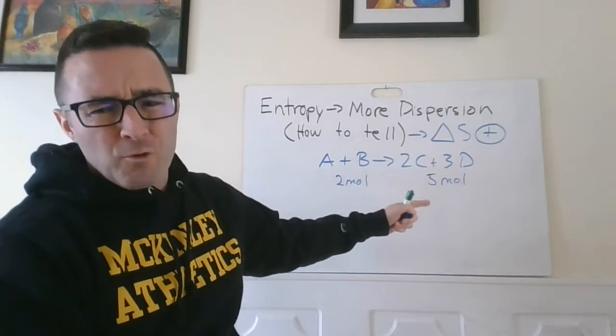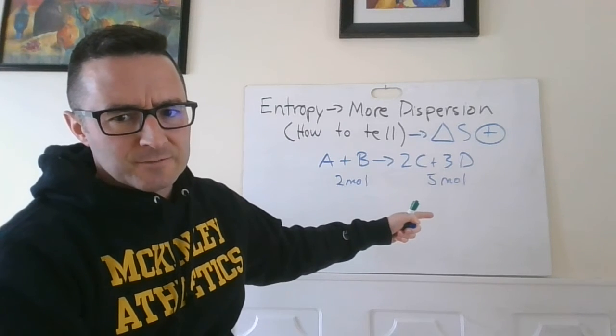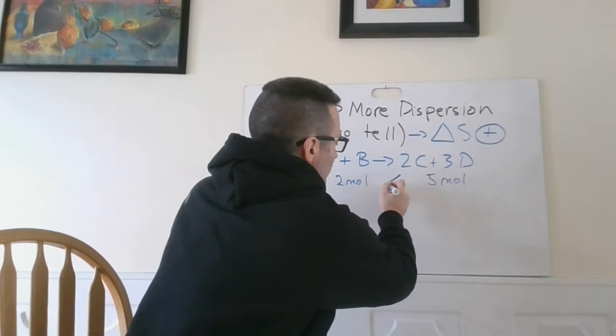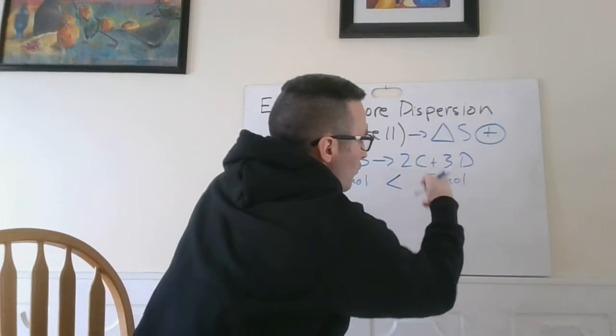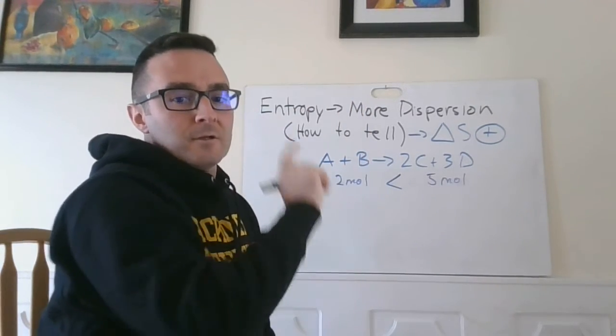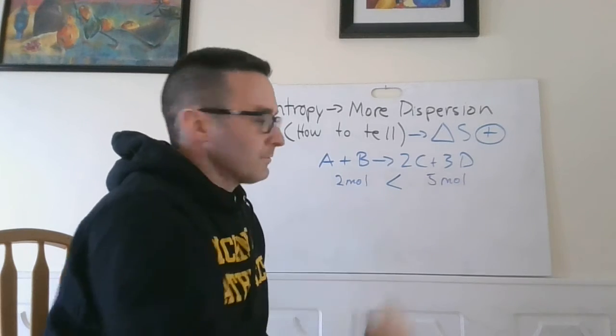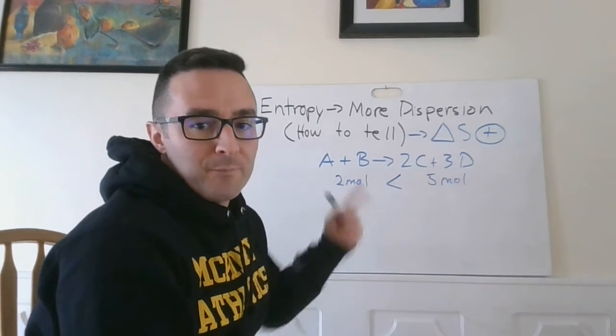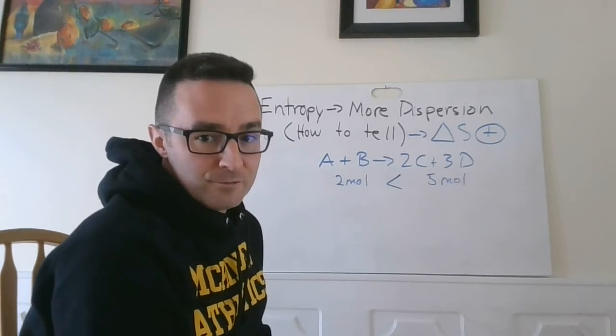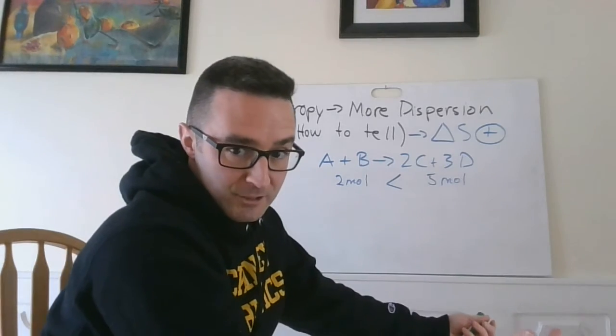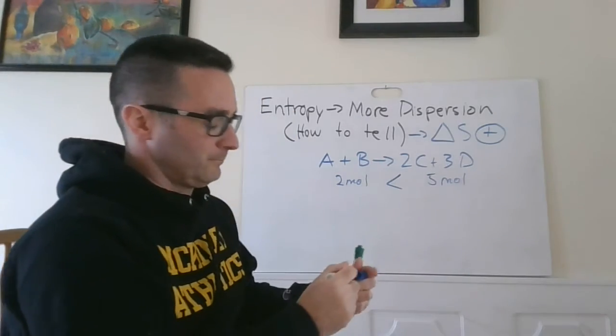So you've created more particles in this process. You've got more entropy being produced, more energy dispersion, because you've got more pieces. Entropy has increased. You've created more disorder.